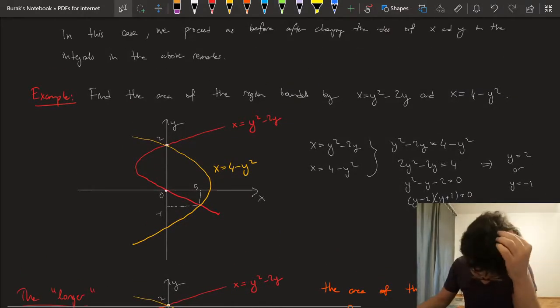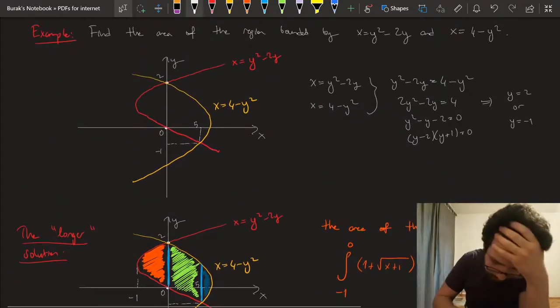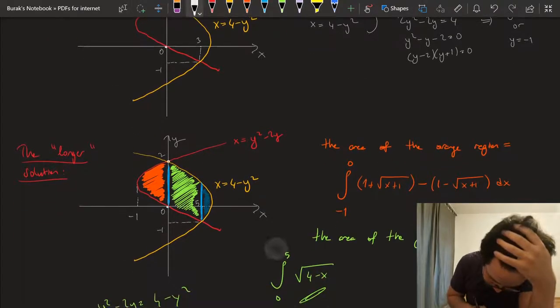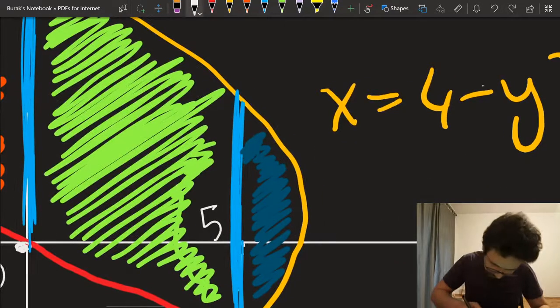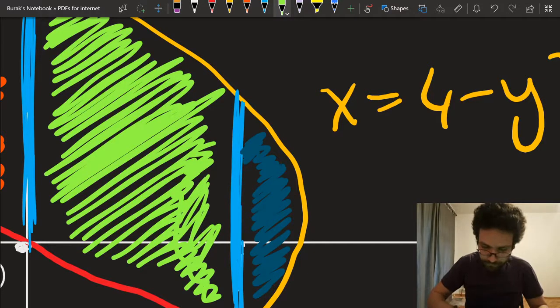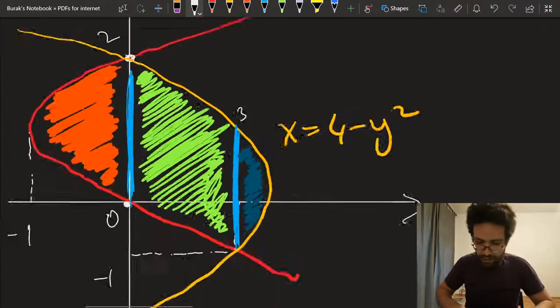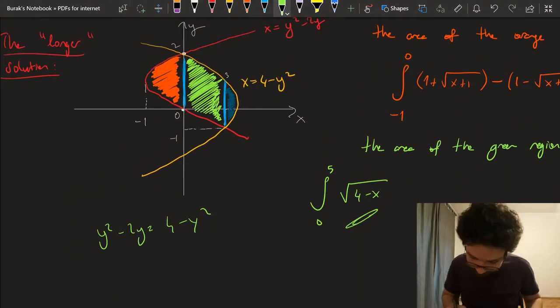When you plug in y equals minus 1, oh, it's 3, not 5. I can't even do simple subtraction. Oops. Now this is 3. Okay, so this integral is from 0 to 3, not 5. Now it makes sense.